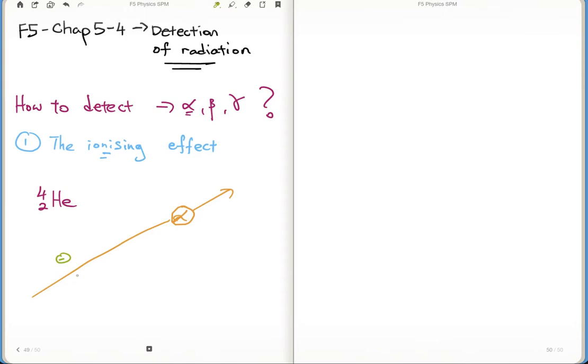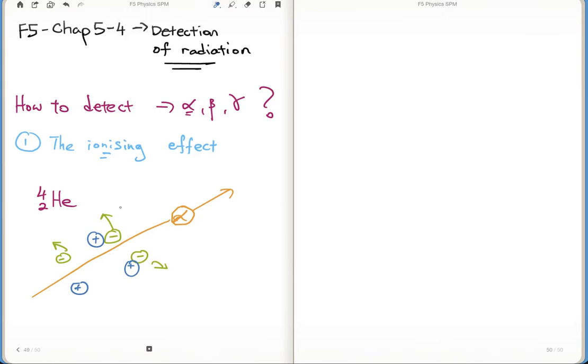The electron is knocked off from the air molecule, leaving a positive ion temporarily. So this alpha creates an ionizing effect in the air along the path that it traveled.